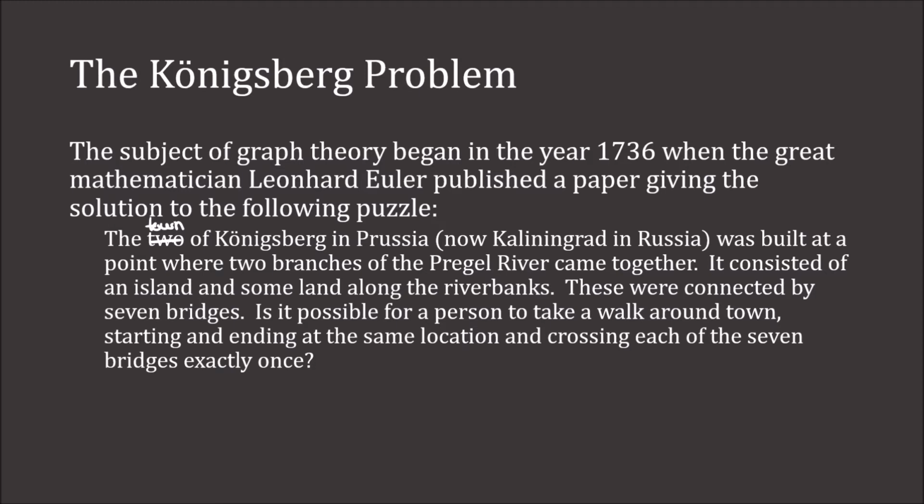It consisted of an island and some land along the riverbanks. These were connected by 7 bridges. Is it possible for a person to take a walk around town, starting and ending at the same location, and crossing each of the 7 bridges exactly once?